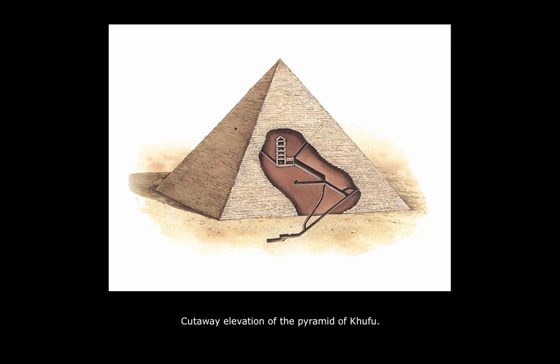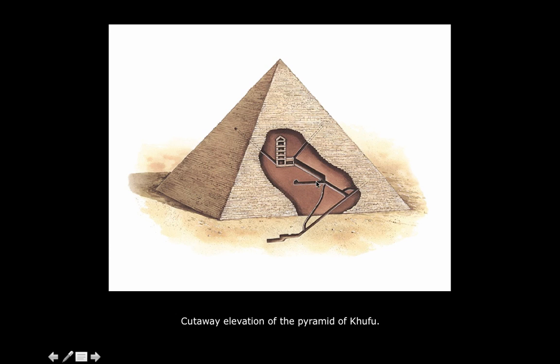So here's a cutaway of one of the pyramids. This is the pyramid of Khufu. And so very often these pyramids would have these air chambers here. And this is the actual burial chamber. For the most part, these are thought to be places where the Ba and the Ka could escape after death, but also return back to the body when they needed to.